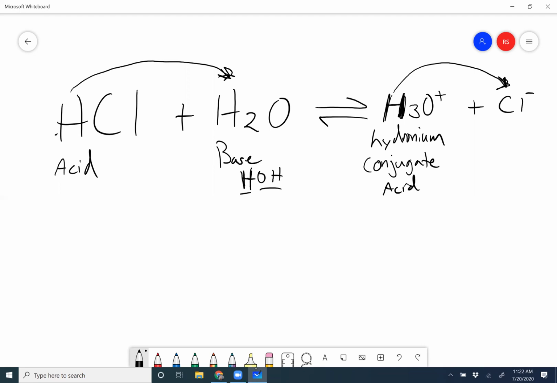And this is what we call our conjugate base. And so when it came to acids and bases and kind of understanding what was going on, you could then start to look at the strength of the acid, like why is hydrochloric acid so much stronger than, say, acetic acid?